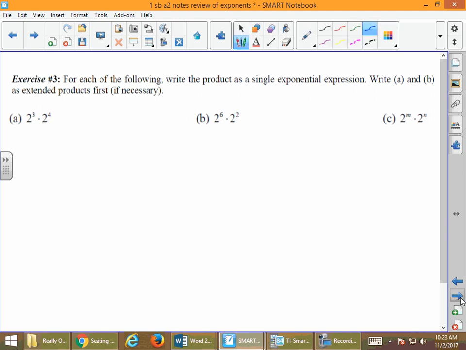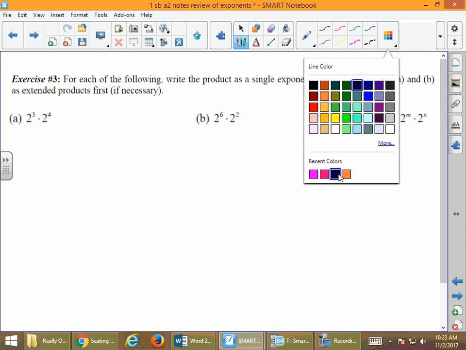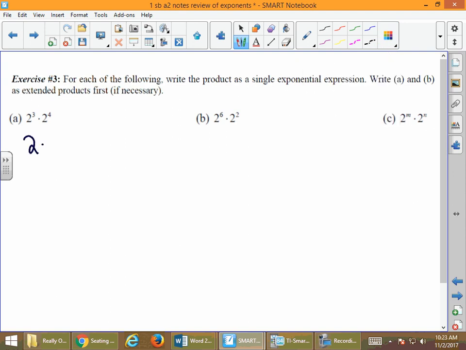When we start our first one here, we've got 2 cubed. And 2 cubed is 2 times 2 times 2. We have 3 as our exponent, so we're going to multiply 2 by itself 3 times. And then we have 2 to the 4th: 2 times 2 times 2 times 2.